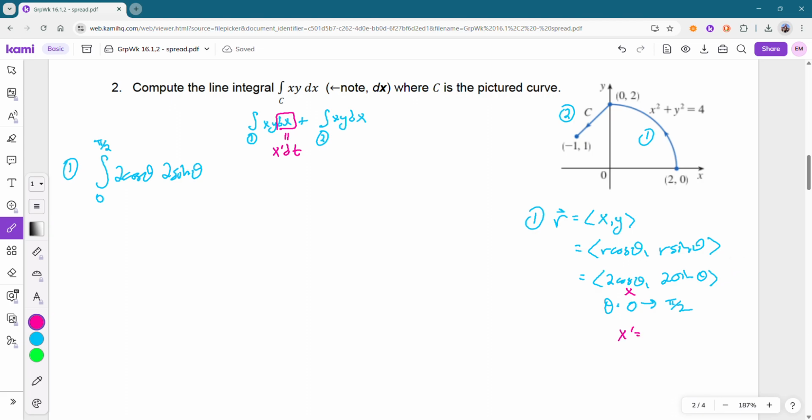And so x prime over here is going to be 2, the derivative of cosine is negative sine, so negative 2 sine theta. And so we will have a negative 2 sine theta d theta for translating our differential. All right, so collecting all of our constants, we have a negative 8 out front. We have sine squared times cosine.